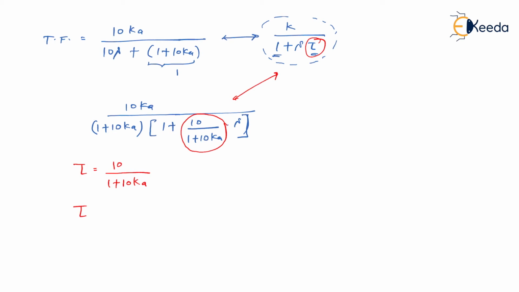So I'll write CL at the bottom to identify this as the time constant for the closed loop system. So the requirement is that your closed loop system time constant should be the time constant of the open loop system divided by 100, am I right?